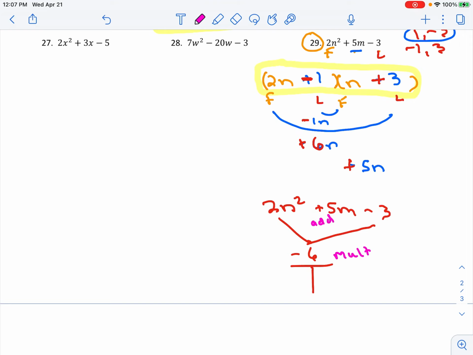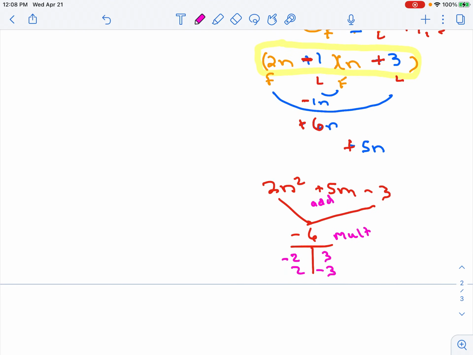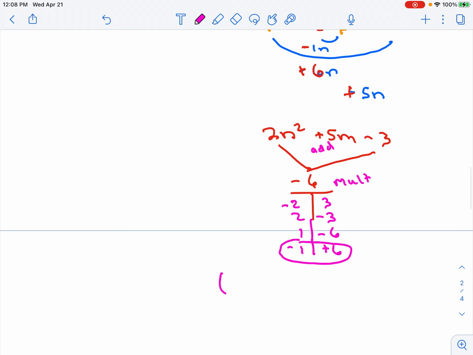So I'm looking for factors that multiply to -6 that add up to 5. That could be 2 and 3, but one of them would have to be negative, but those don't add up to 5. So then I could also try 1 and -6, or -1 and +6, and that combination right there would add up to 5.